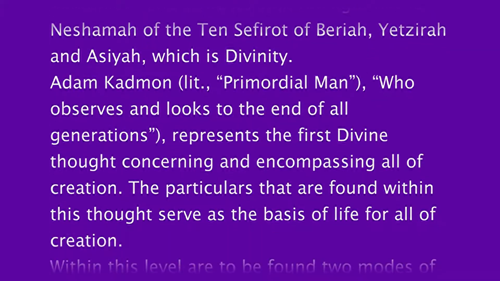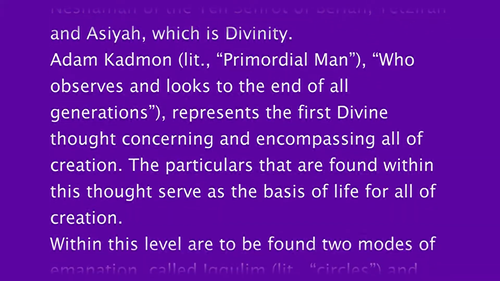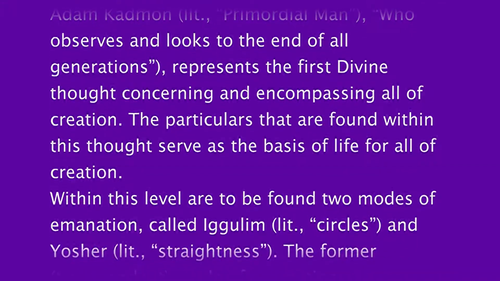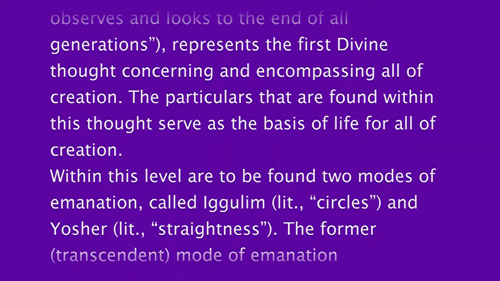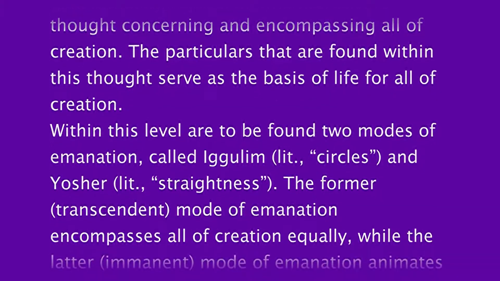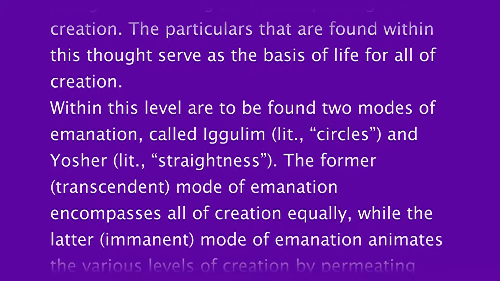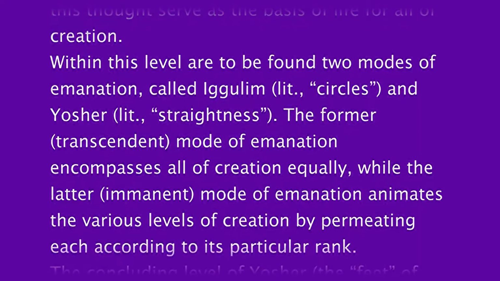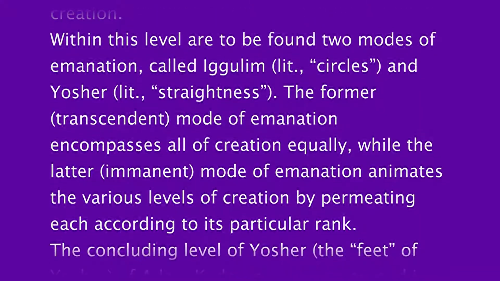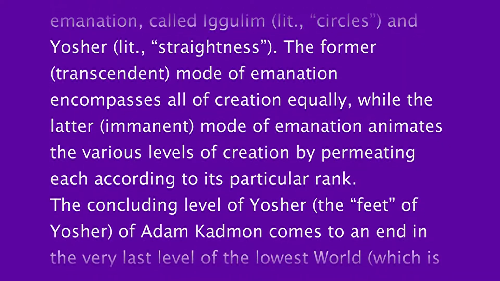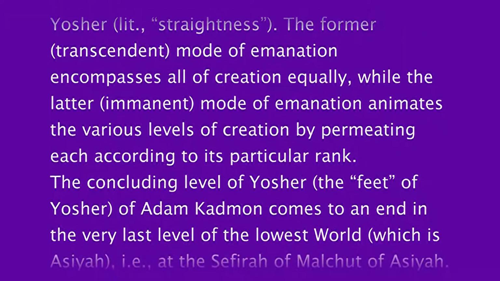The particulars that are found within this thought serve as the basis of life for all of creation. Within this level are to be found two modes of emanation called Igulim, literally circles, and Yosher, literally straightness. The former transcendent mode of emanation encompasses all of creation equally, while the latter immanent mode of emanation animates the various levels of creation by permeating each according to its particular rank.